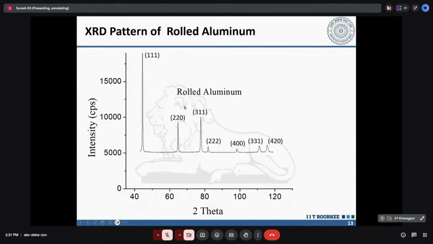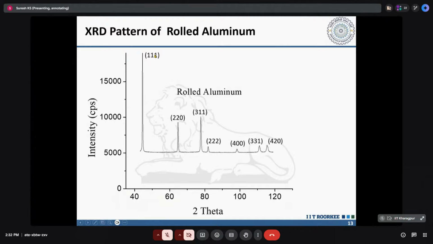But in this case, because the sample is heavily rolled, the 200 peak is missing without any tilting. You can see the 220, and once you tilt, one can still see the corresponding 200 peak.